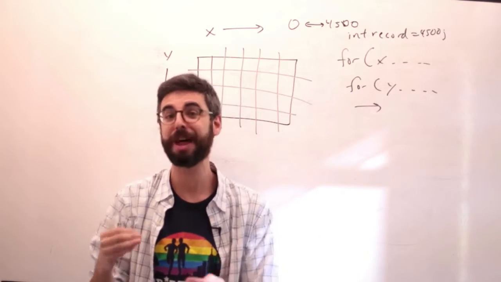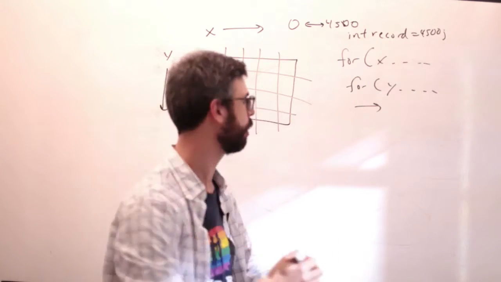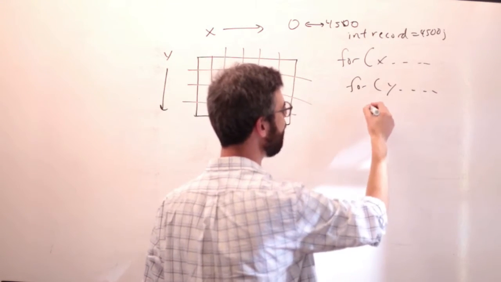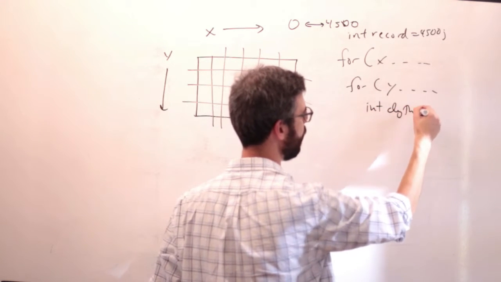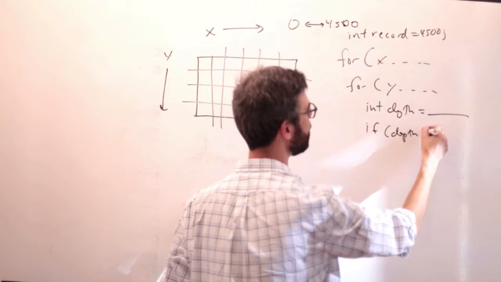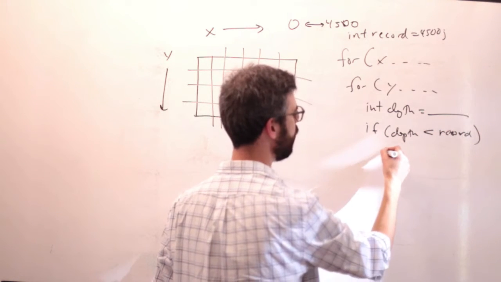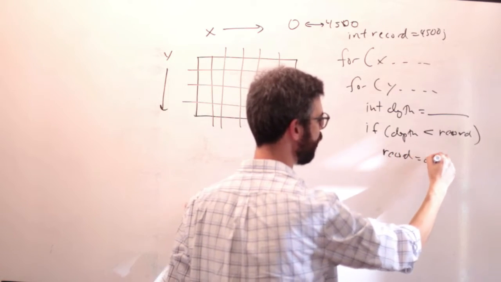So any pixel that beats 4,500 is by definition the new record holder. So we have to say something like, if I have the current depth in a variable, I need to say if that depth is less than the record, then the record is now that depth.